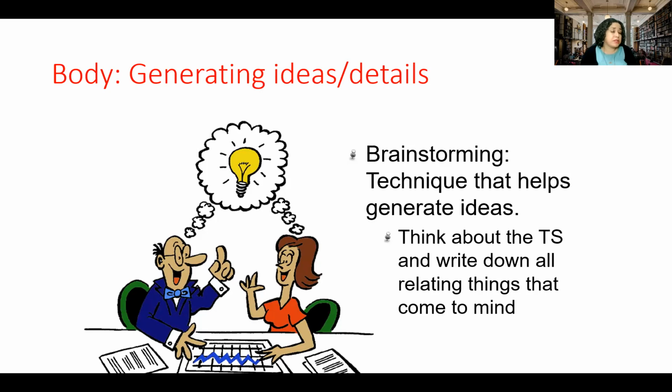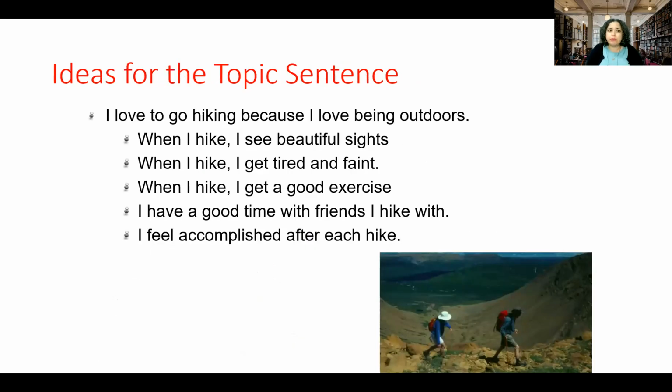So remember that we are using an example, the love of going outdoors or the love of hiking. So some ideas could be like this for the topic sentence. I love to go hiking because I love being outdoors. When I hike, I see beautiful sights. When I hike, I get tired and faint.